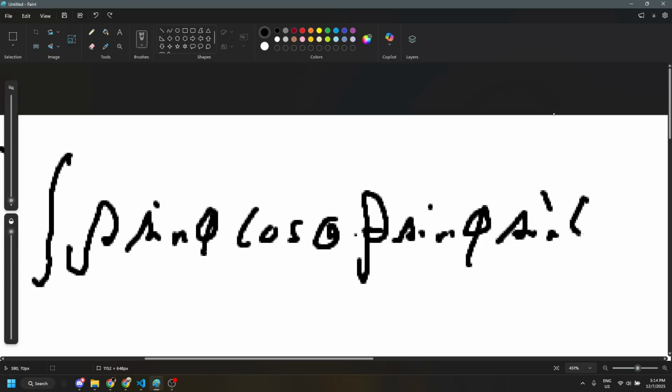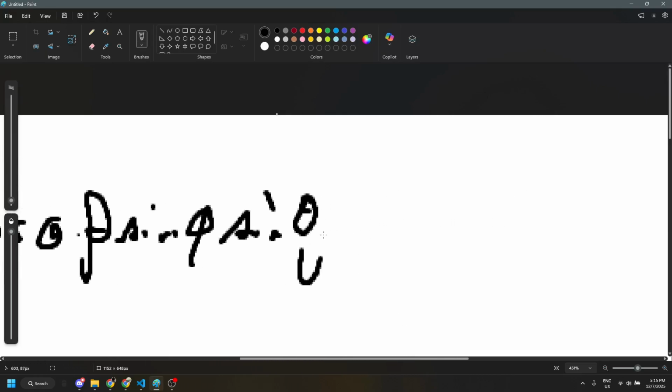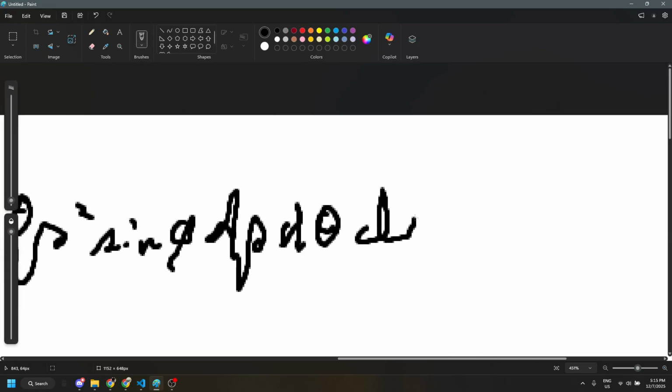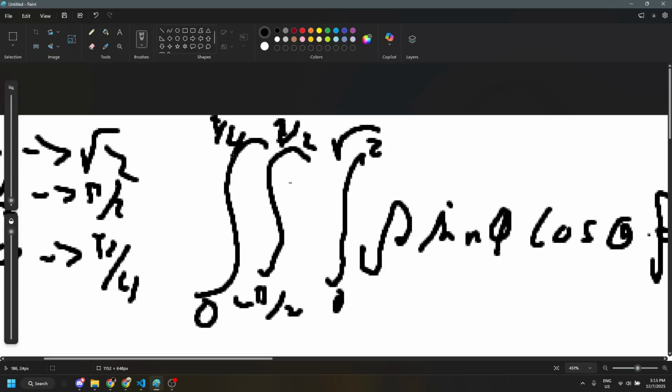Since all these are separate and they don't include each other, we don't have to do it together. And then we need the Jacobian, rho squared sine phi d rho d theta d phi. So rho goes from 0 to root 2, theta goes from negative pi over 2 to pi over 2, and phi goes from 0 to pi over 4.